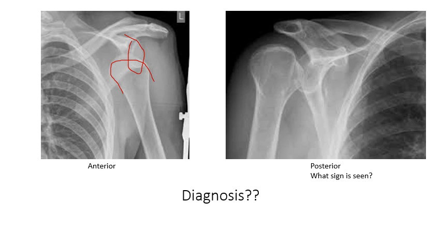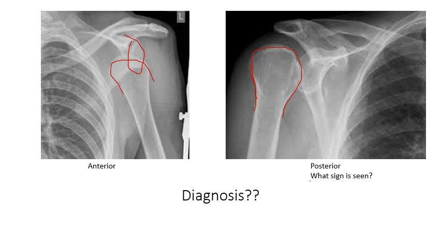They can ask you, what is this sign you see here? This sign is known as the light bulb sign. If I draw the outline, it comes in the shape of a light bulb. This is the light bulb sign, which is usually seen in posterior dislocation.